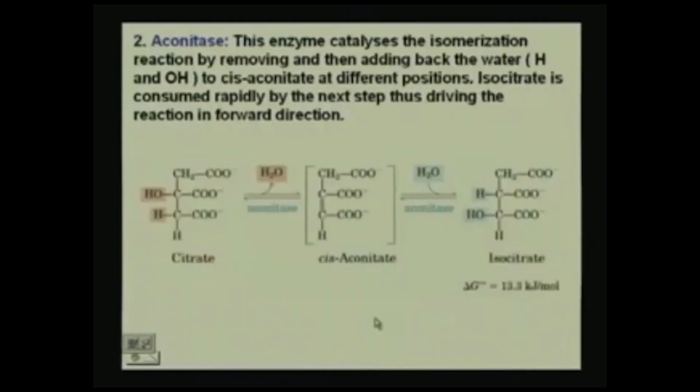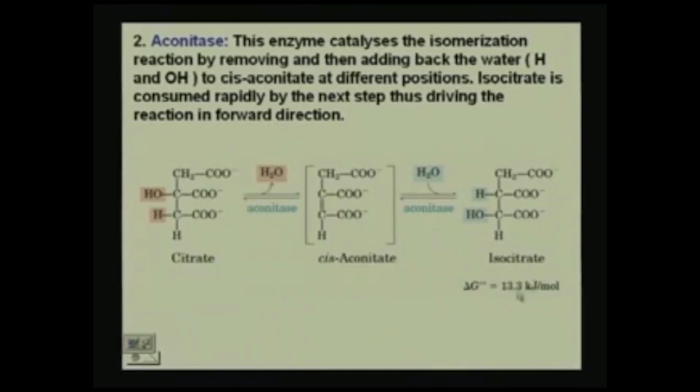Okay. So now we have citrate, we have aconitase, that is nothing but an isomerase that forms isocitrate, where you have just the interchanging of the H and the OH on carbon atoms 1 and 2 here. Okay. So you have citrate to isocitrate.